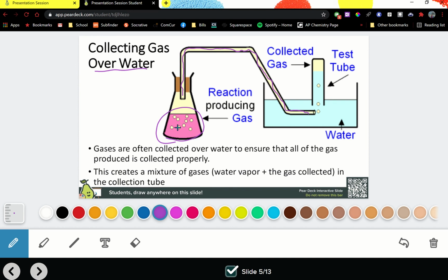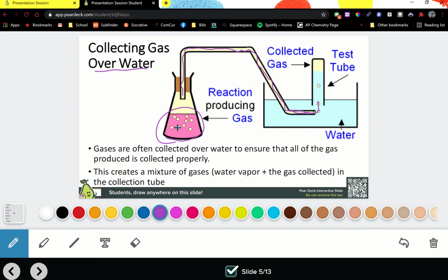Okay, now before the gas started flowing through here, this gas collection tube or test tube, it's basically a test tube that's been turned upside down, it would be full of water to start with, okay? So there would be no gas trapped in here. And then as our gas starts to form, we pump it in. Sometimes this is just like a plastic tube or something like that, rubber tube, and we just put it inside that test tube.